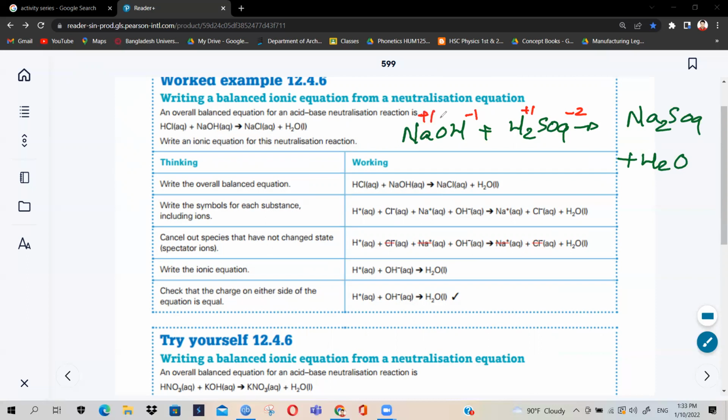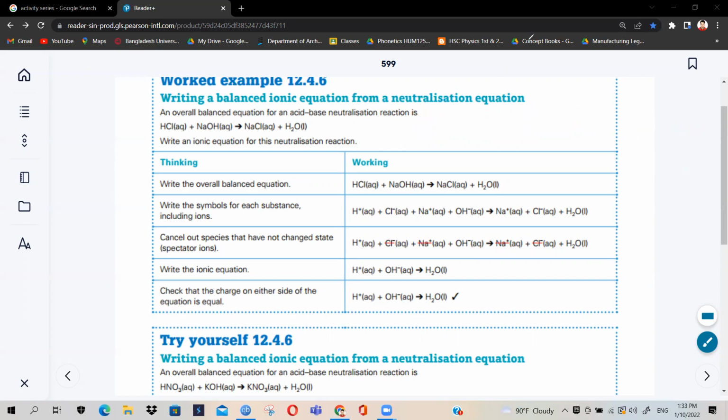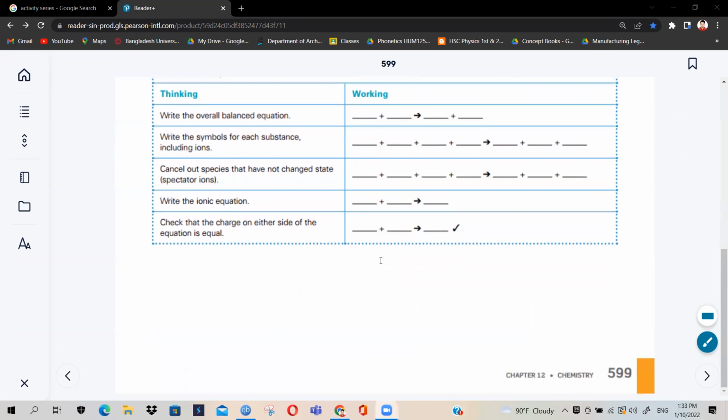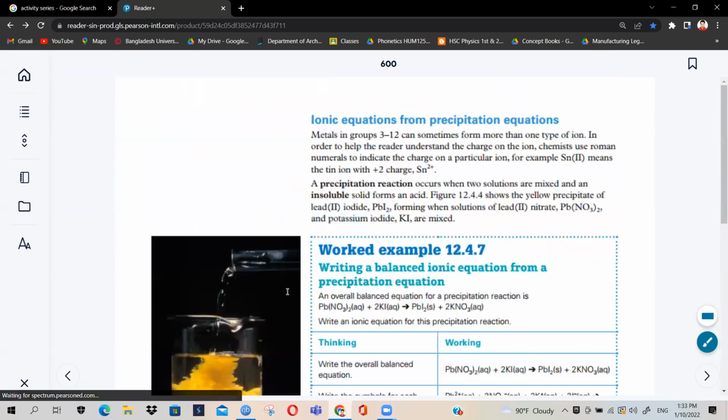So all the charges are not the same here. That is why we will have to perform some balancing. And how to balance a particular equation or reaction, we have learned that previously, right? Yes. Also, this one is easy as well. All the elements, or composite ions, have the same number of ion charge.